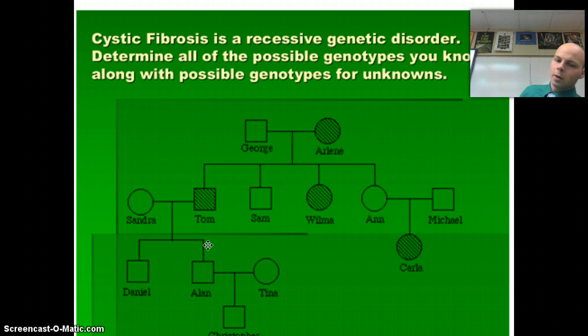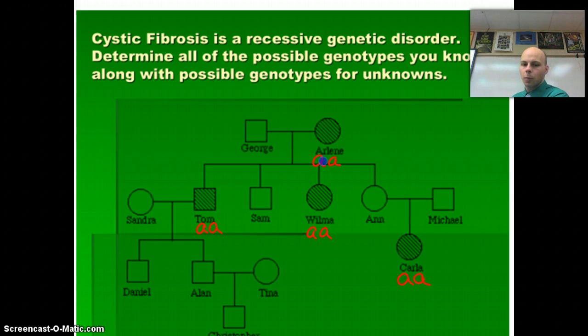And so I'm going to go up to the board and work our way through that. First four individuals shown here, Arlene, Tom, Wilma, and Carla, all have cystic fibrosis, so we know they have all recessive alleles because that's the only combination of alleles they can have in order to get the genetic disorder.